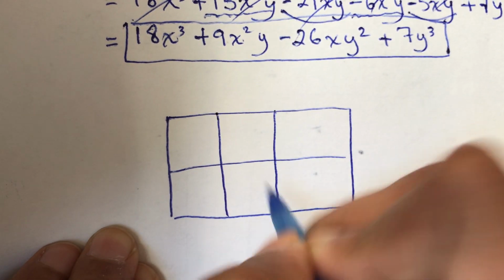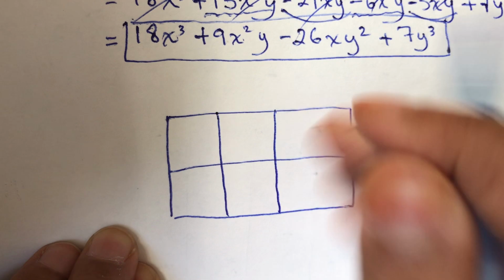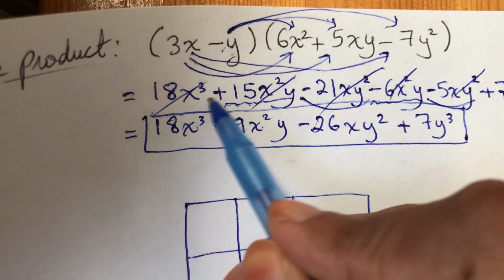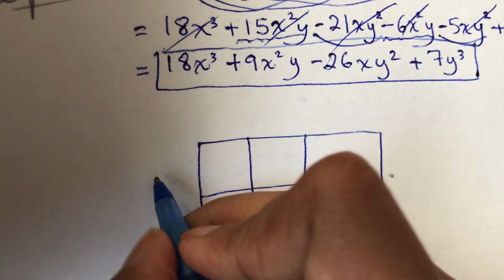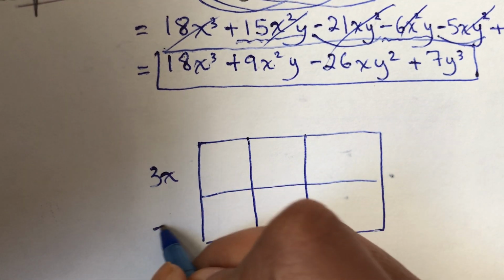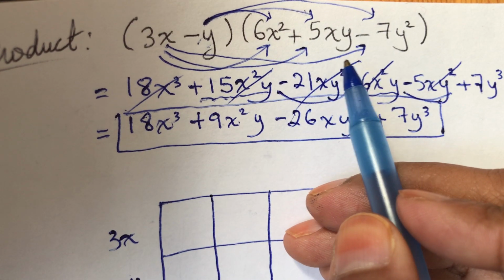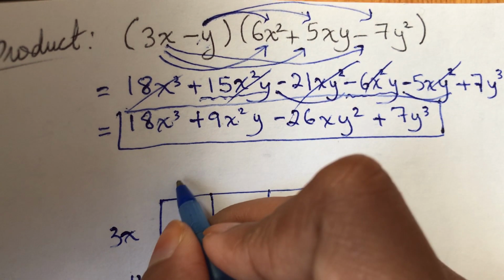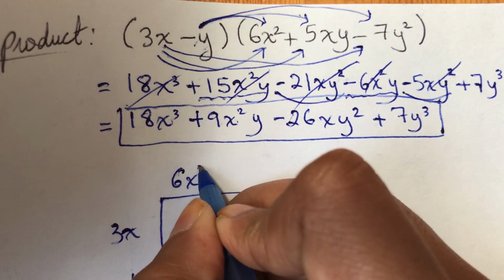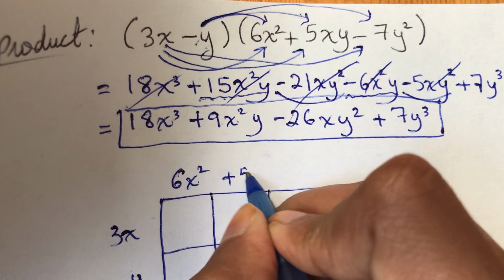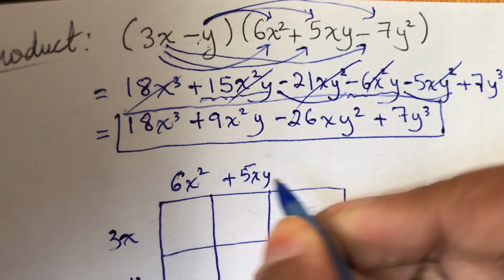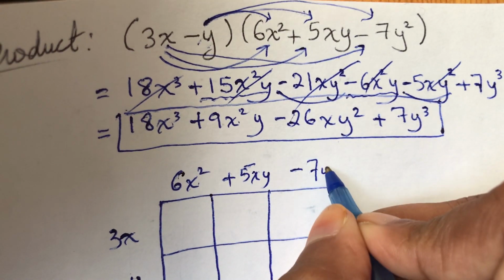You have 2 terms here and 3 terms here. So the first 2 terms here are 3x minus y, which I'm going to place here. And we have 6x squared plus 5xy minus 7y squared.